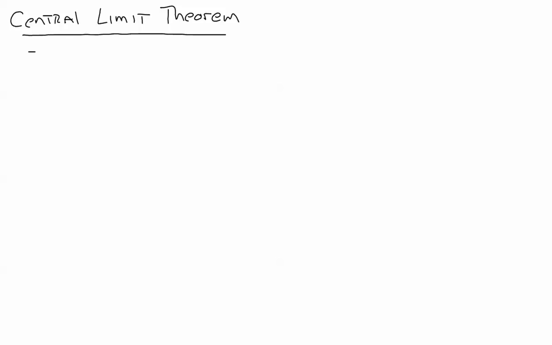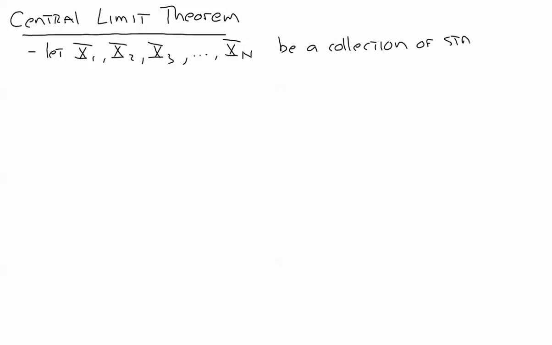So we're going to let x1, x2, x3, all the way up to x sub n be a collection of statistically independent random variables with means, let's just use little m for now, makes my life easier.